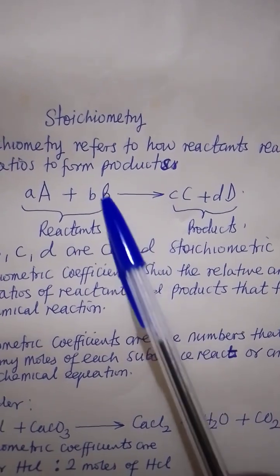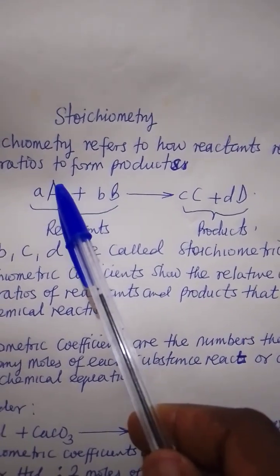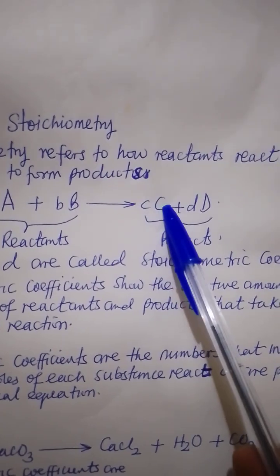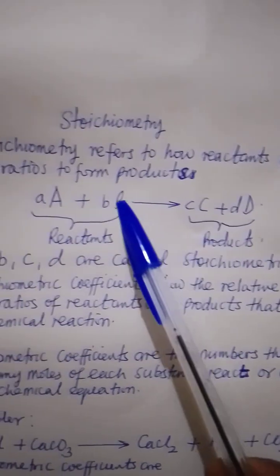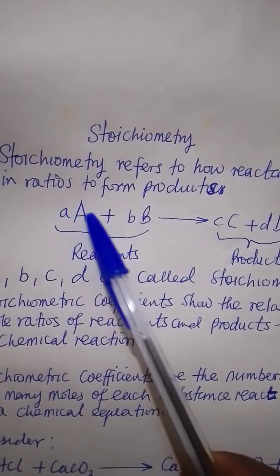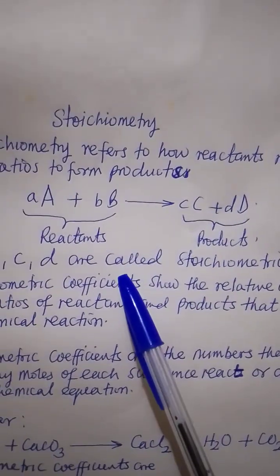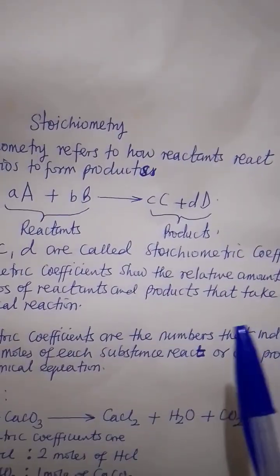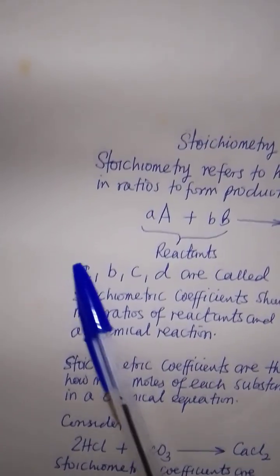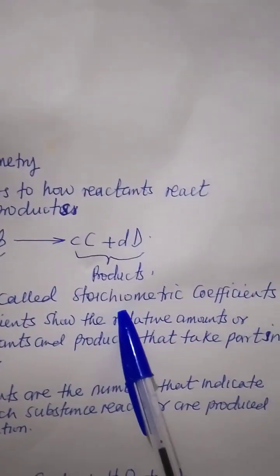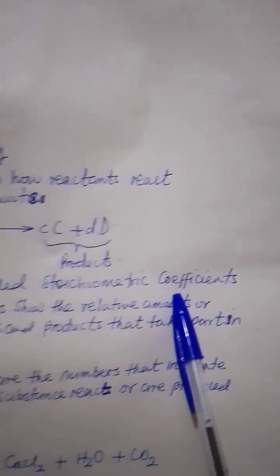We have the reactants a A, b B, reacting to produce c C and d D. The small letters a, b, c, d are referred to as stoichiometric coefficients.